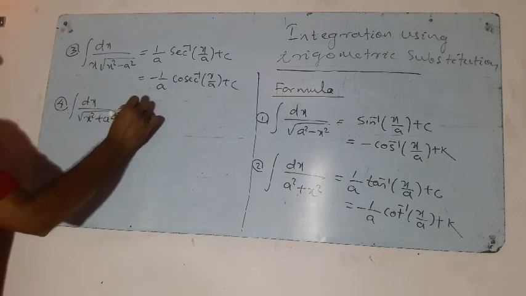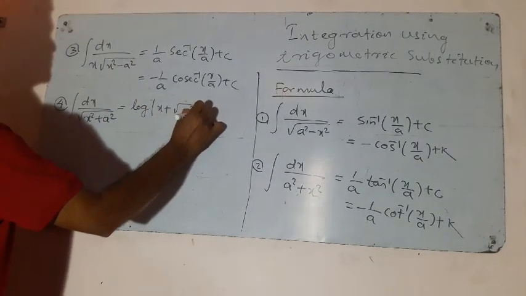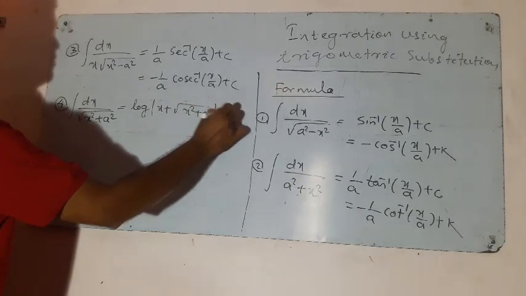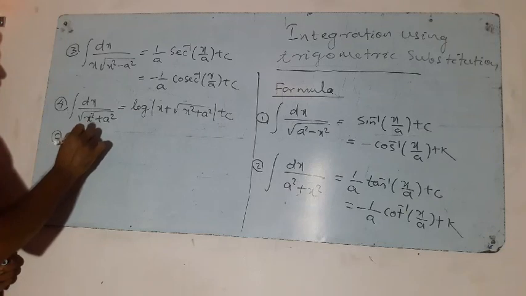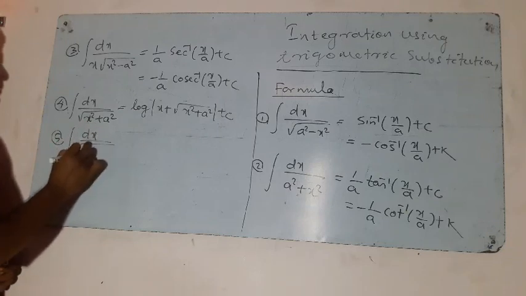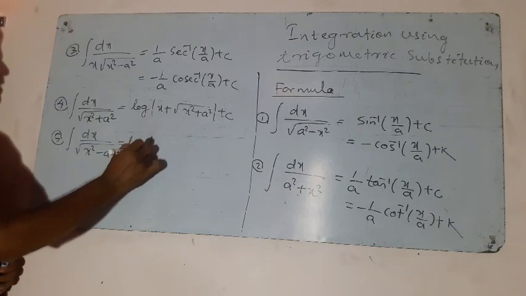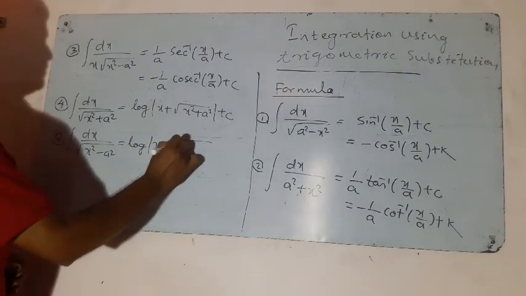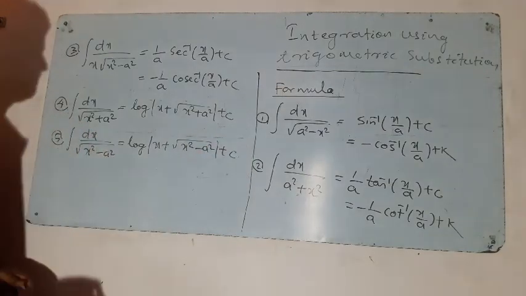It is log of x plus root over of x square plus a square plus c. Fifth bit, dx by root over of x square minus a square. It is log of x plus root over of x square minus a square plus c.